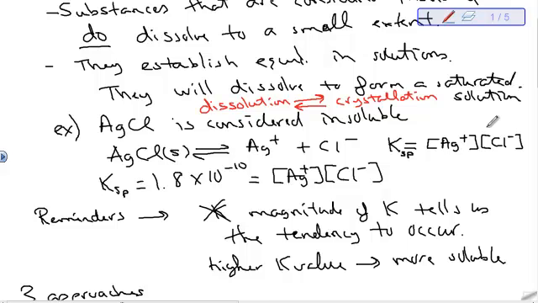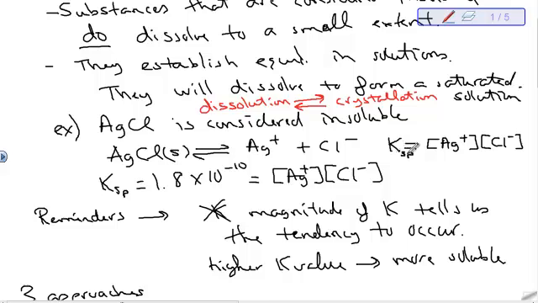In terms of molarities, it is the products raised to their exponents divided by the reactants raised to their exponents. So therefore, for silver chloride, we have silver ions to the first power times chloride ions to the first, divided by the reactants. Well, the reactant is a pure solid, so there is no reactant term here. And that equilibrium expression has a constant value known as K, as any equilibrium would.